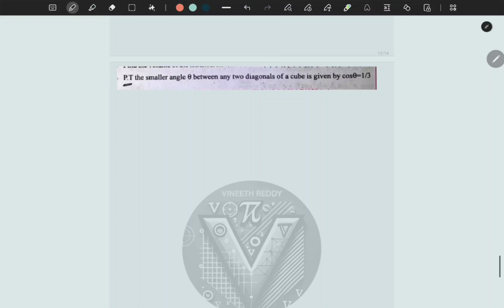He is asking us to prove that the smaller angle theta between any two diagonals of a cube is given by cos theta is equal to 1 by 3. Okay, so we will be drawing this diagram, dear students. Please be attentive.